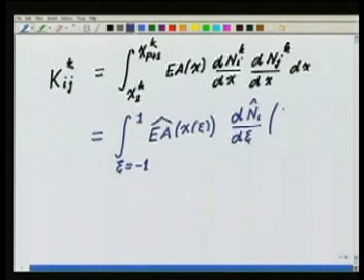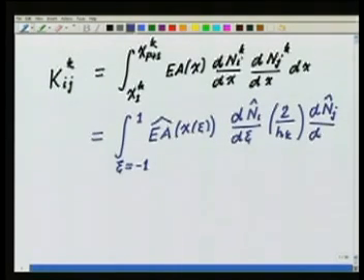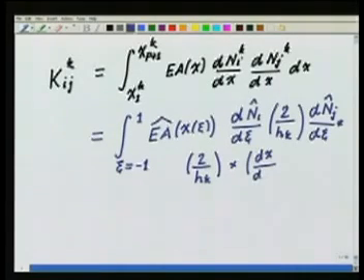And what is d psi dx? 2 by hk. d nj dx will be replaced by d nj hat d psi into d psi dx, which is 2 by hk, and dx will be replaced by dx d psi, I will explicitly put it, dx d psi d psi.